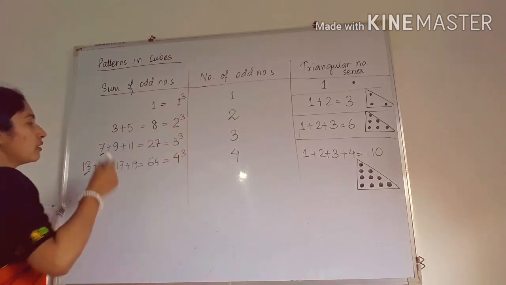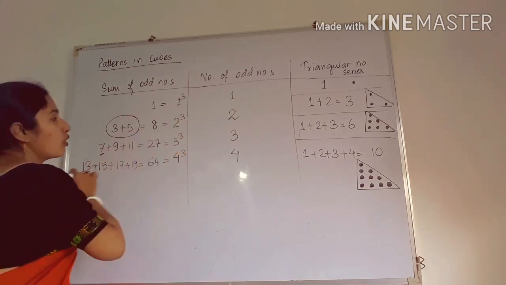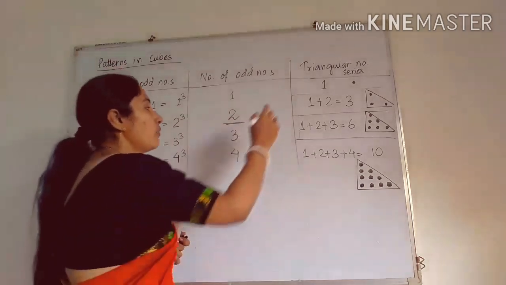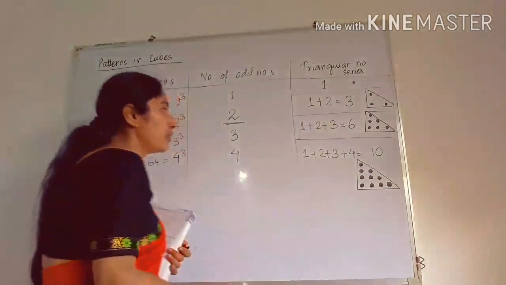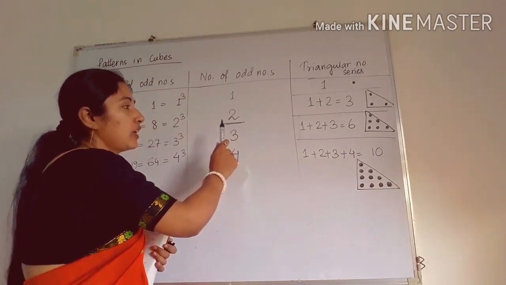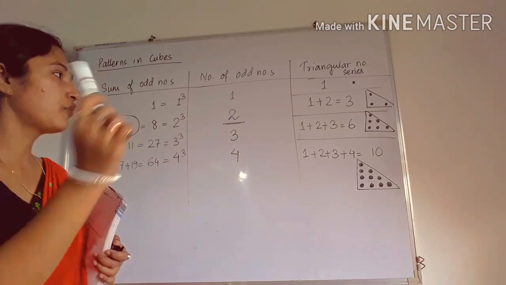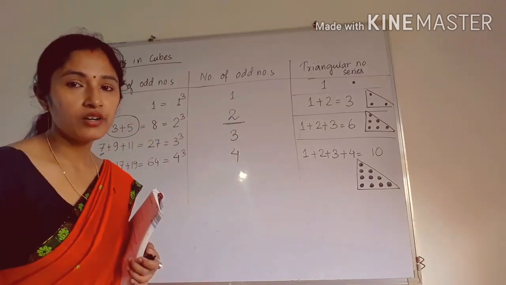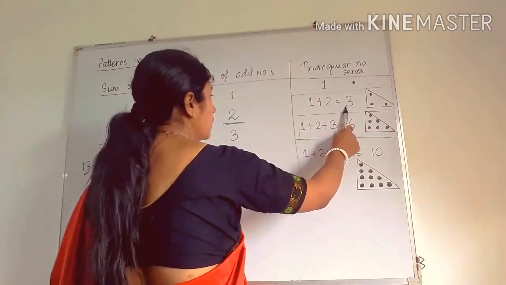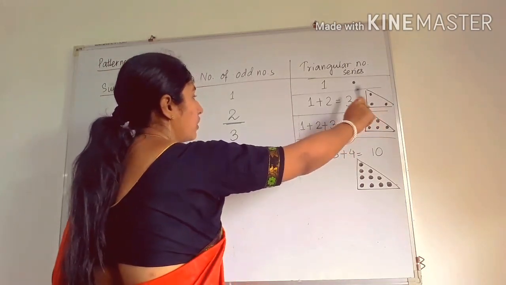So how many odd numbers are there? See, there are 2 odd numbers. So I have written here 2. So we can write 1 plus 2. Why have I written 1 plus 2? Because there are 2 numbers I have taken. To make a triangular number, I have to start from 1. So 1 plus 2 will be 3, and 3 is a triangular number.